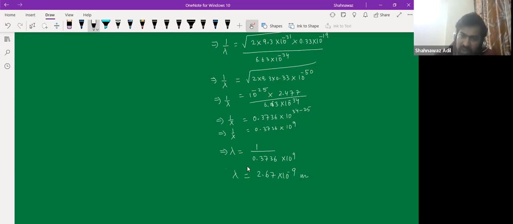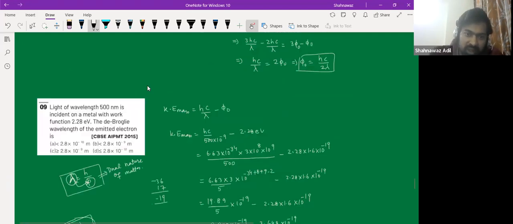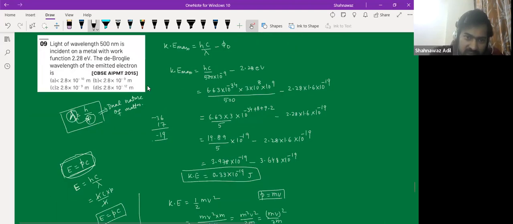So now the order is correct. We are getting 2.67, which is less than 2.8 into 10 to the power minus 9, so this is the correct option. Is it clear? The only mistake was the reciprocal.